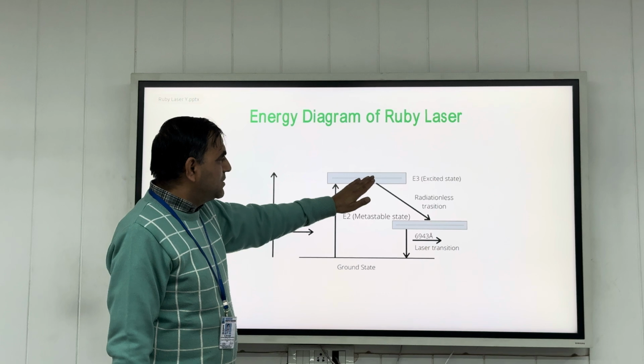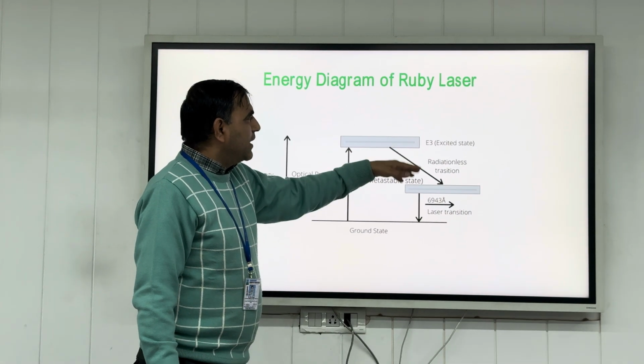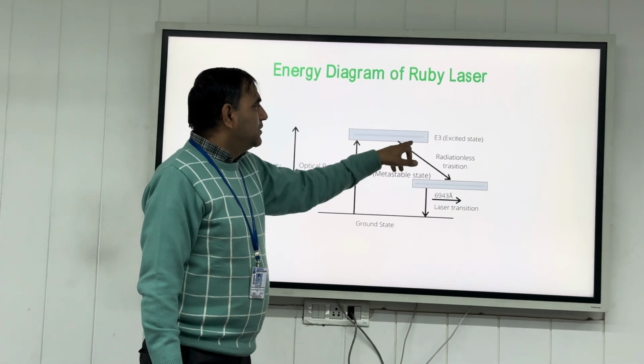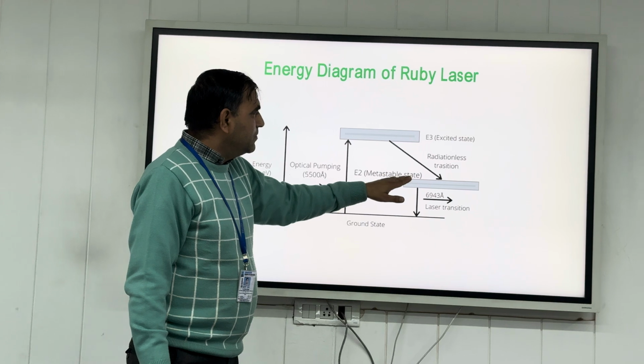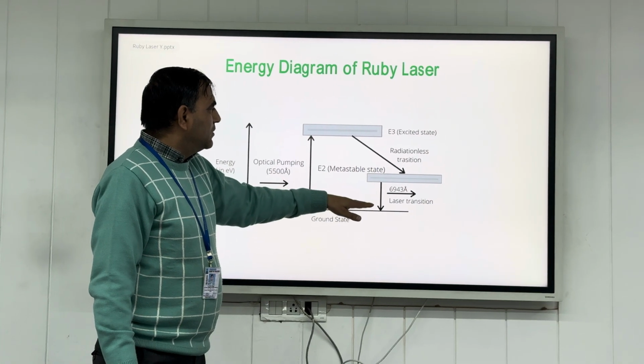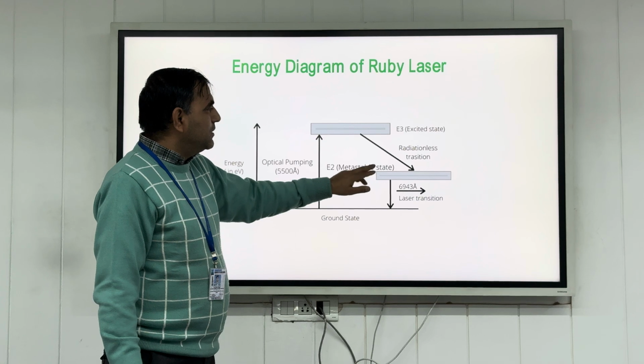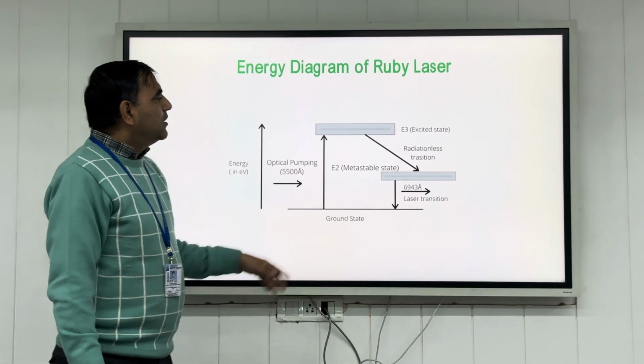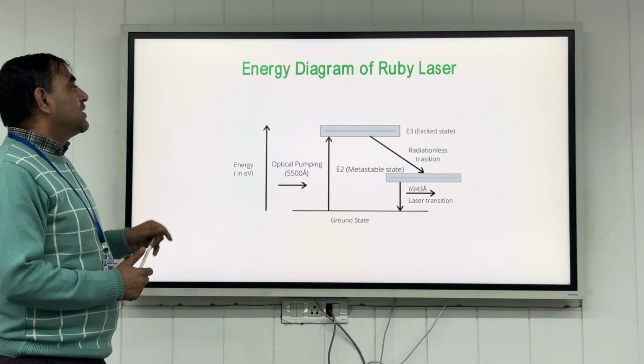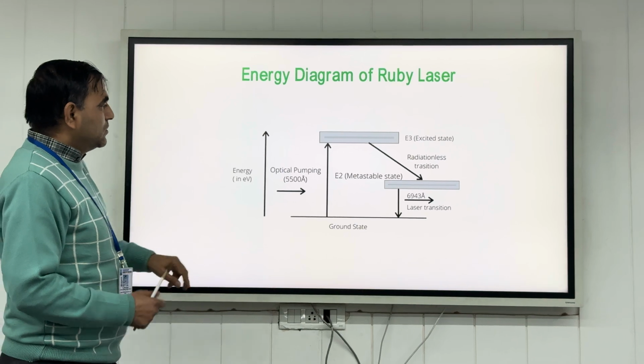The time period there is small, and some atoms undergo spontaneous emission and come back to the metastable state, where we achieve population inversion, and then the laser transition takes place.